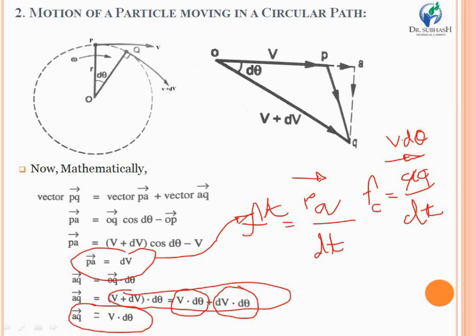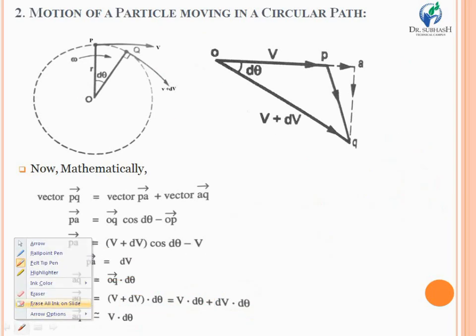So this is the motion characteristics of any particle which is moving along a circular path. By adopting the velocity triangle, first of all you require to draw a velocity triangle, then you resolve the resultant side into two directions.